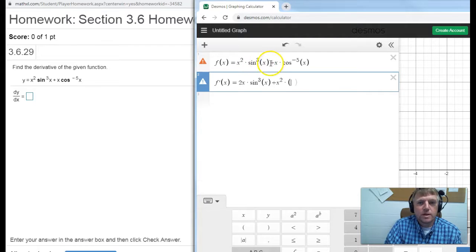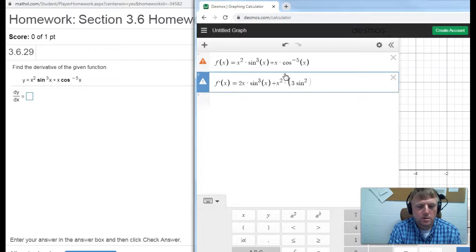sine cubed x. Okay, now remember, if it helps you, this is sine of x to the third power. So what's going to happen is that 3 is going to come down in front. We don't change the inside, so this is now 3 sine squared x. All right, and now we do chain on the derivative of what's inside.